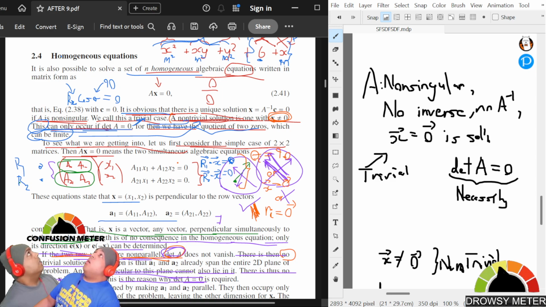This could only occur if determinant A is equal to 0.